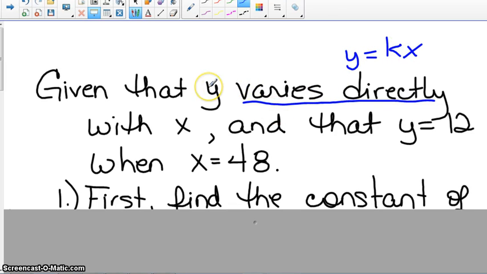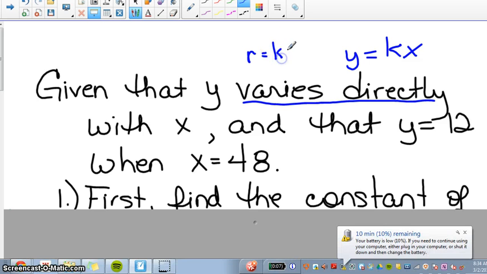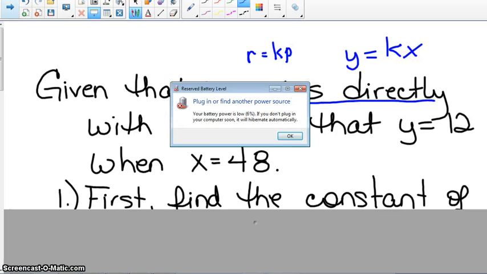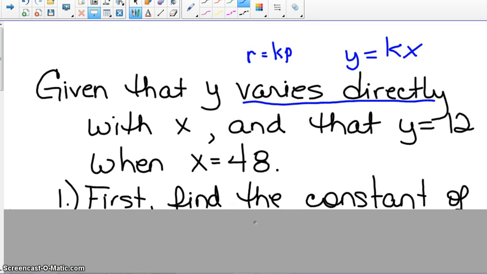Now it could say, given that R varies directly with P, then I would have an equation that looks like this. So the variables don't really matter. What really matters is that when we say it varies directly, it's in this relationship with a constant. So that's all that first sentence means.